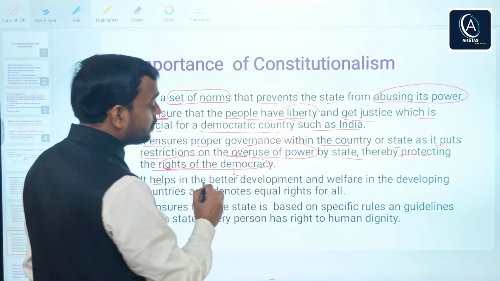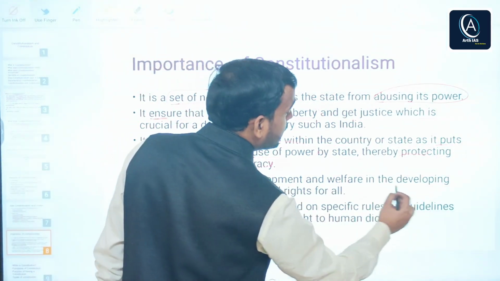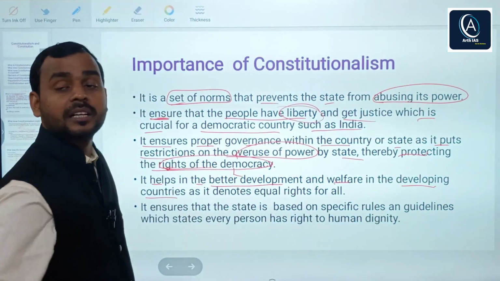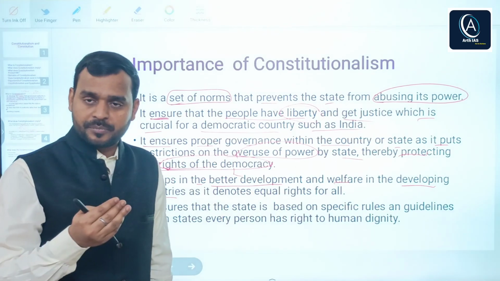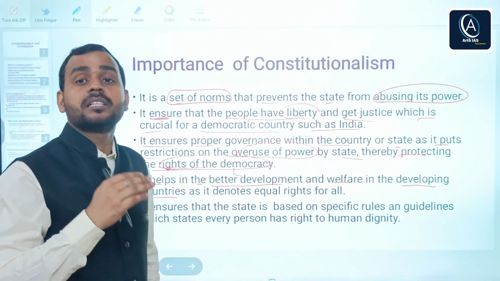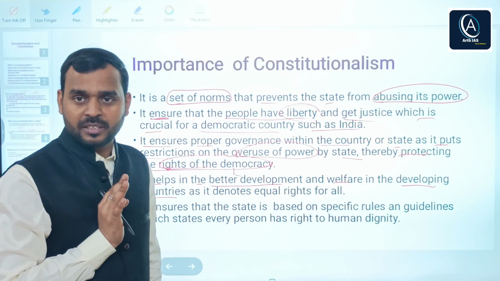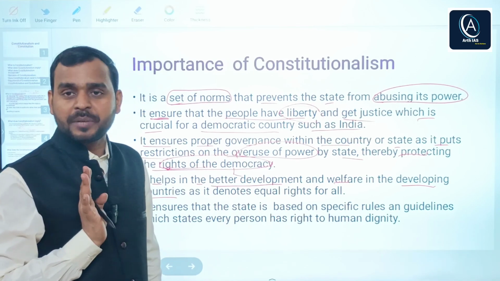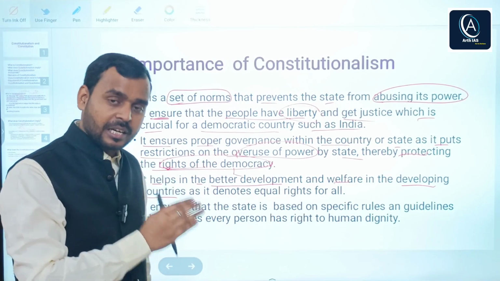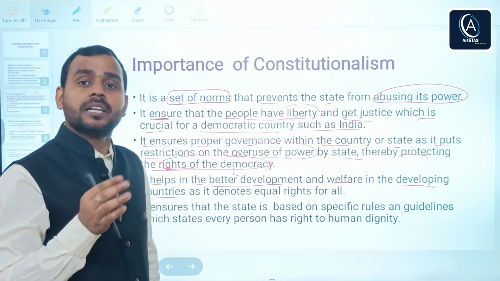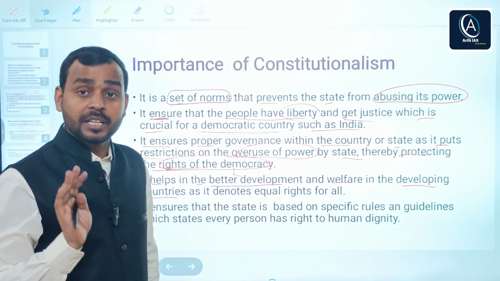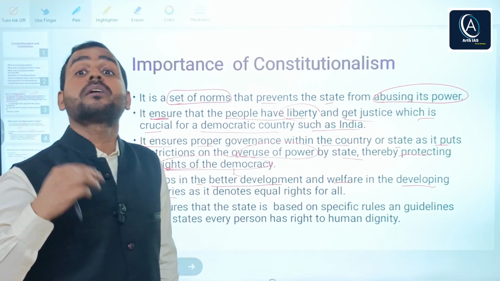Again, it helps in the better development and welfare in developing countries. Obviously, for example, India is one of the best examples of democracy, because we have almost completed 75 years after our independence, and it is running beautifully. We have developed a lot.